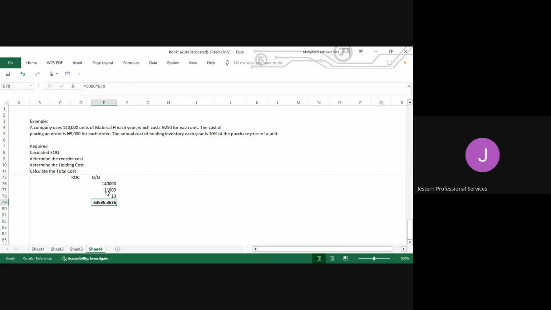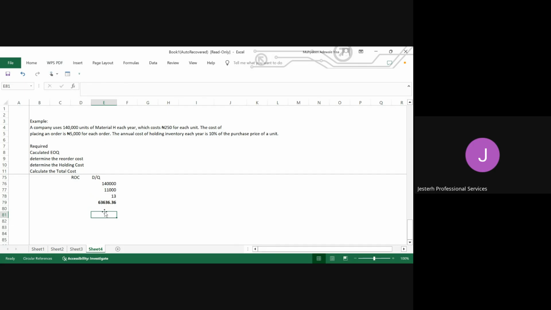So the order level cost that they are going to spend to bring in this annual demand, based on what their supplier has given them, is going to be 63,636 naira.